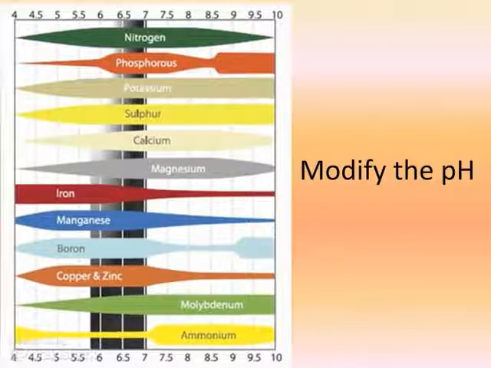Phosphorus is not very available to plants in the pH range of 4 to 5.5, as you can see by the thin orange line. But starting at a pH of 6, we can see that the orange bar for phosphorus starts to widen, indicating that it is very available to plants at this pH level. Add limestone to raise the pH of an acid soil, and add sulfur to lower the pH of a basic soil.